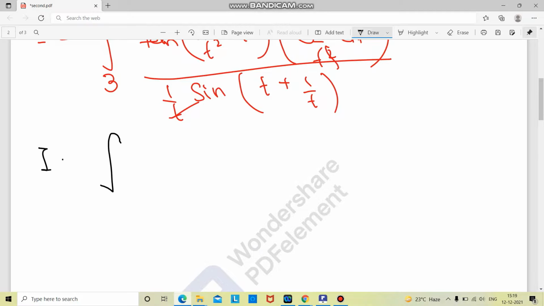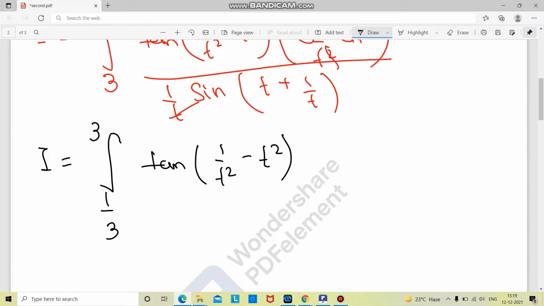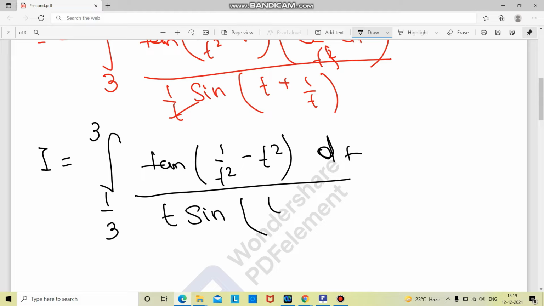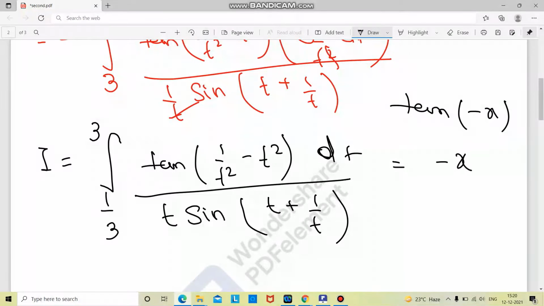Now this I becomes 1 by 3 to 3 of tan of (1 by t square minus t square) dt divided by t times sine of t plus 1 by t. Now we know that tan of minus x is minus times tan x.